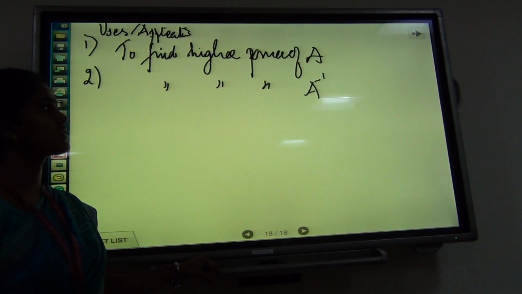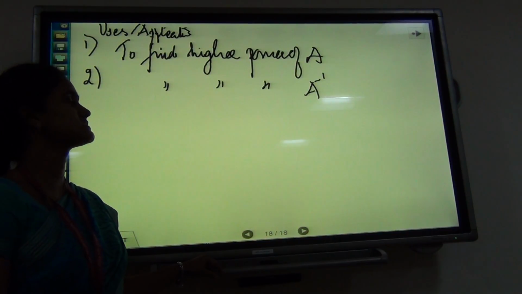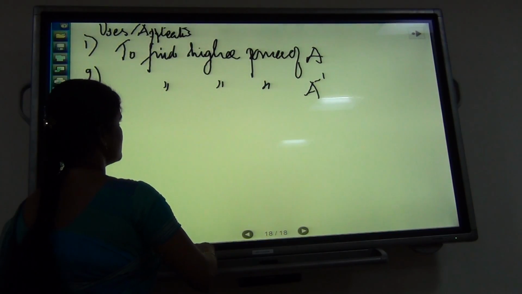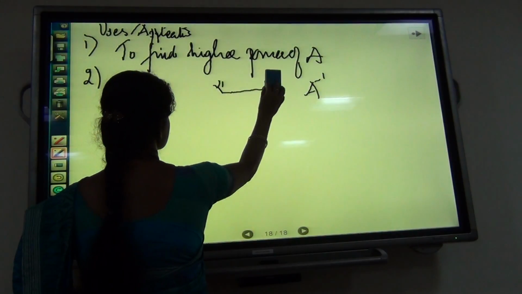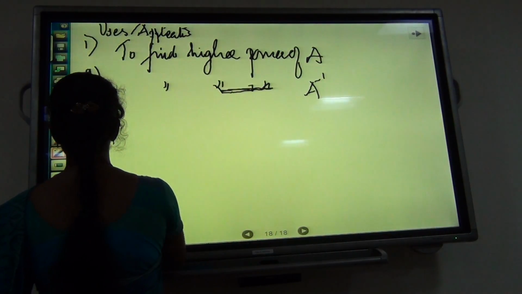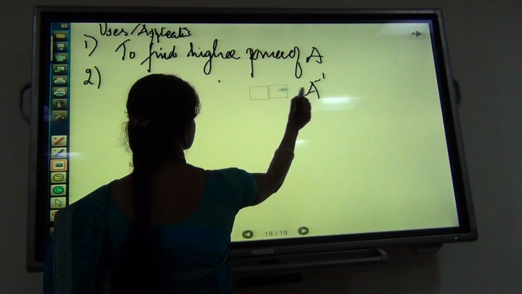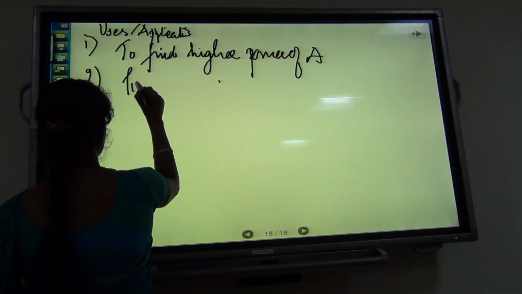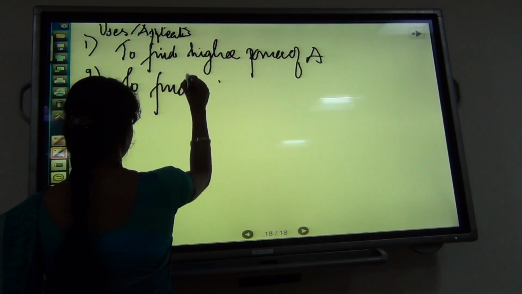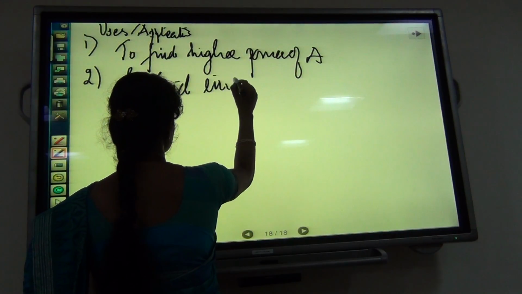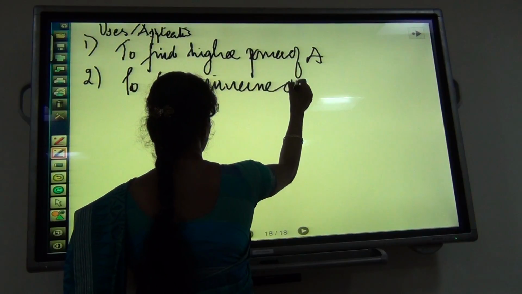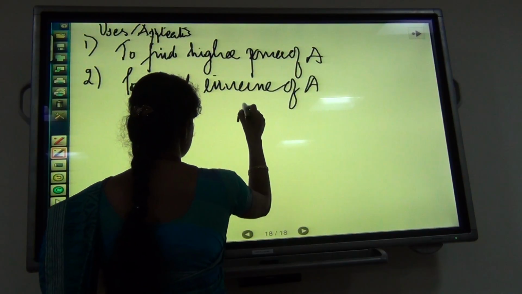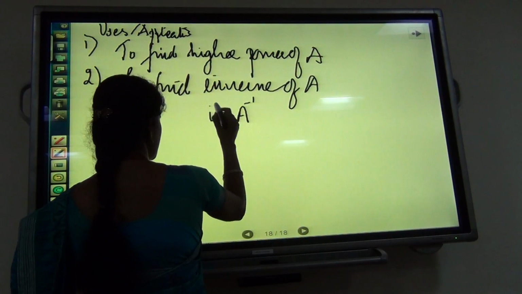And similarly, you can also find the inverse of A. How do you find A inverse?